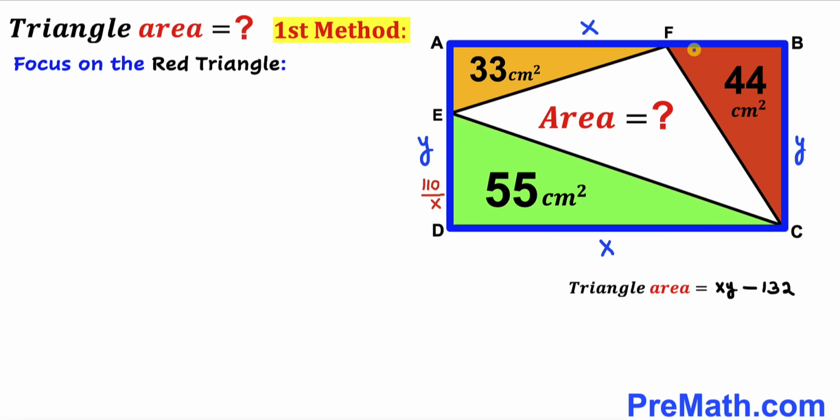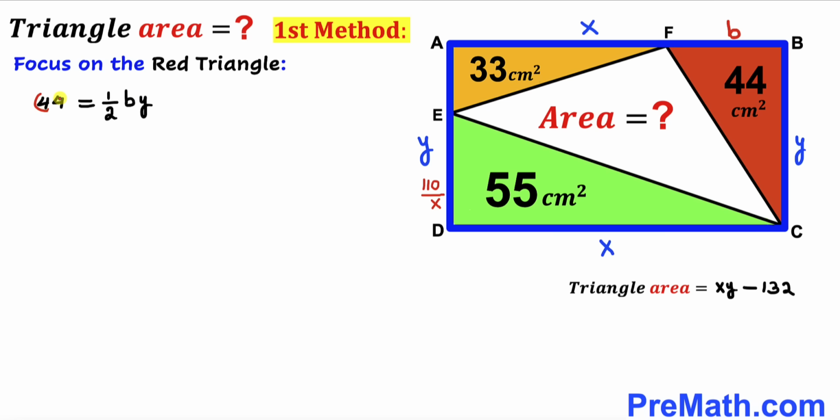Now we are going to focus on the red shaded triangle whose area has been given to us as 44. Let's recall the area of a triangle formula once again: a half times base times the height. Here we can see the height of this red triangle is Y, and I'm going to label the base of this red triangle as lowercase b. Filling in the blanks, 44 equals a half times b times y.